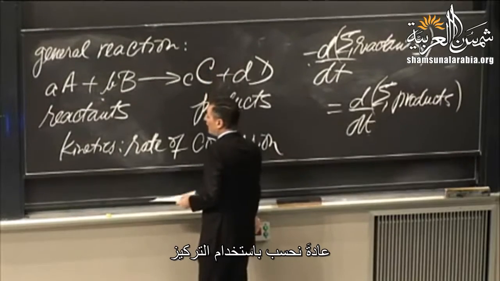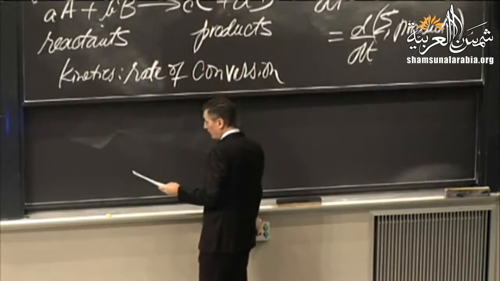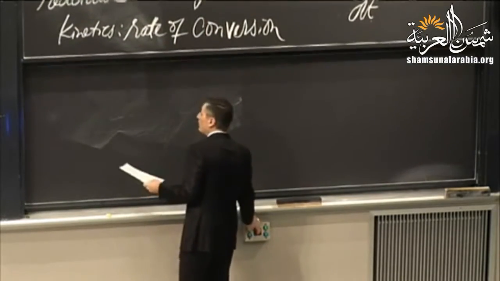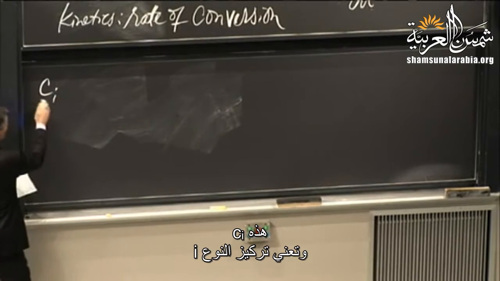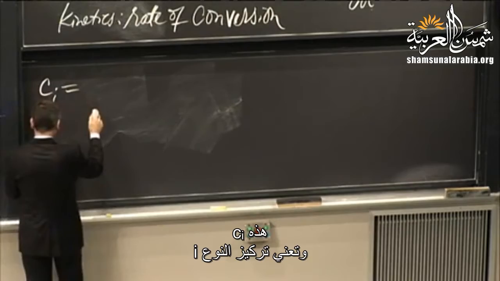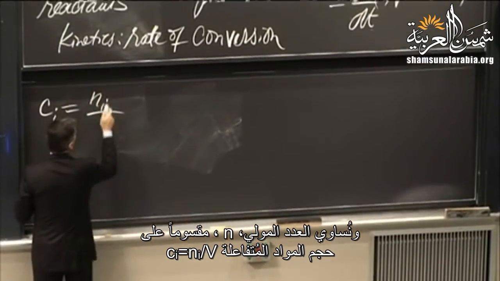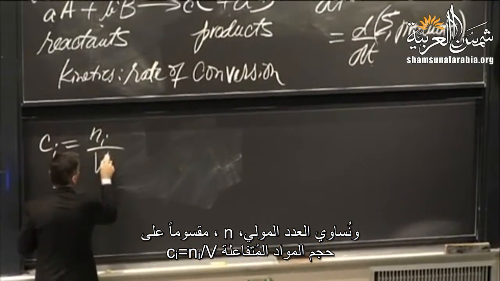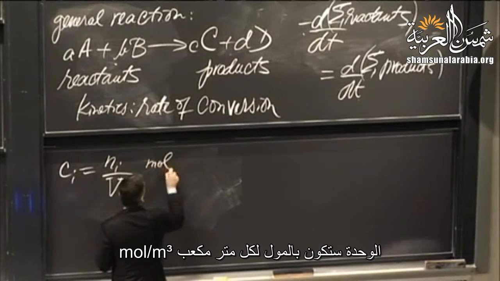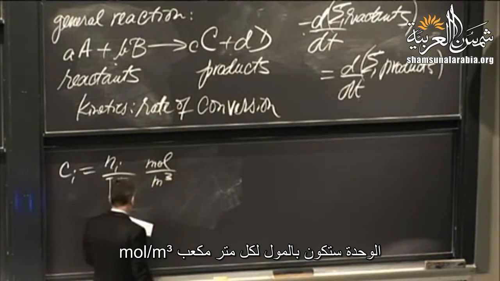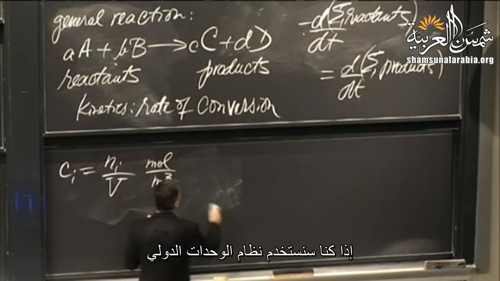And then we count by concentration usually. And so I want to just remind, this is lowercase c. So this is the concentration of species i goes as the mole number, N is mole number, divided by the volume of the reactor. So this would be in moles per meter cubed if we were in SI units.